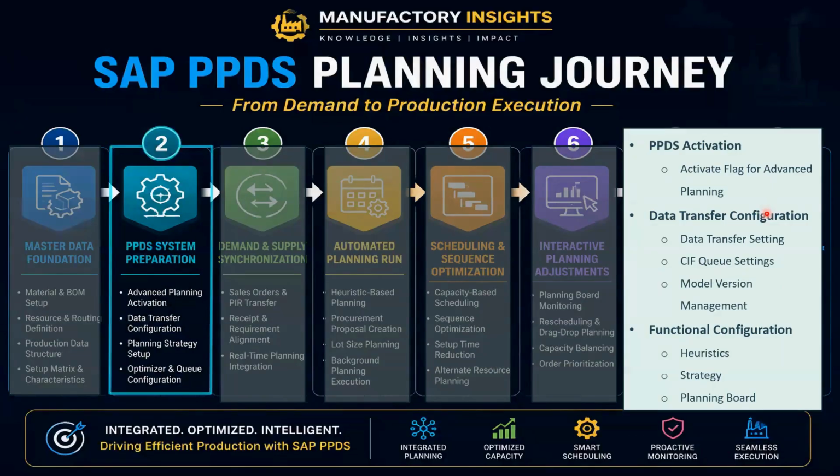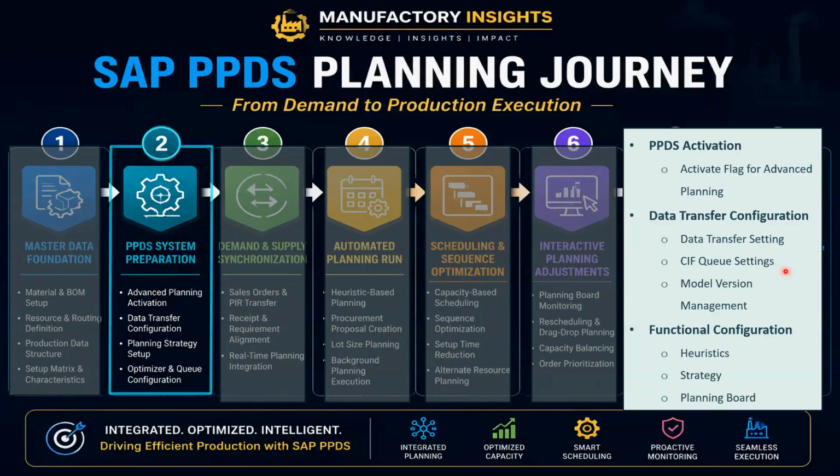Whether it is master data or transactional data, seamless data transfer is required between SAP and the PPDS system, and that needs to be configured. Along with that, the core interface is also very important here to support this data transfer between these two systems.